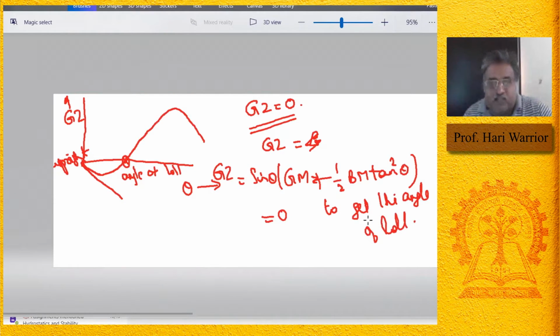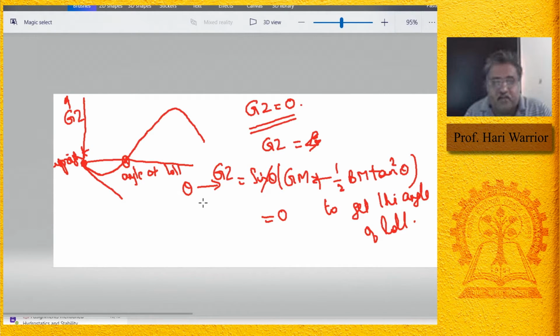The first possibility is that sine theta is 0. Sine theta is 0 is the upright condition, theta equal to 0. We know this condition, and we are not so interested in that. We are interested in the angle of loll.